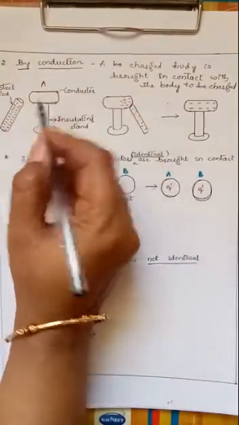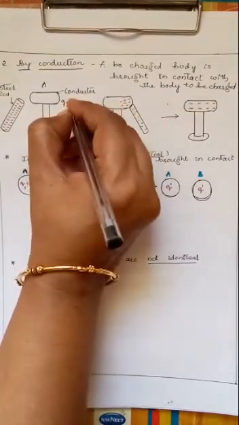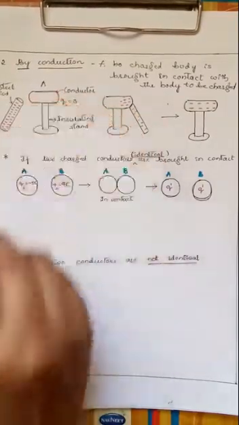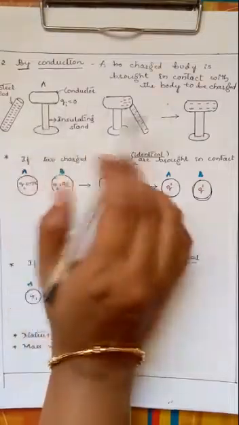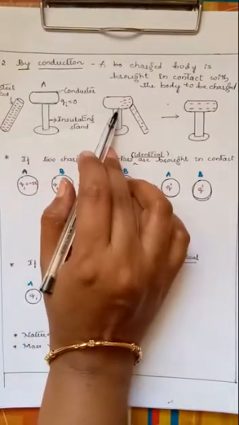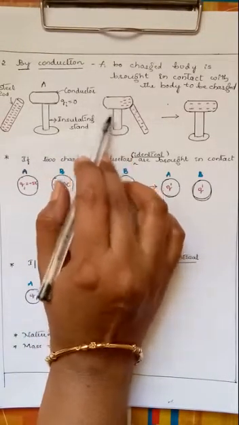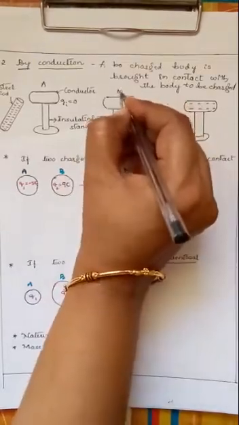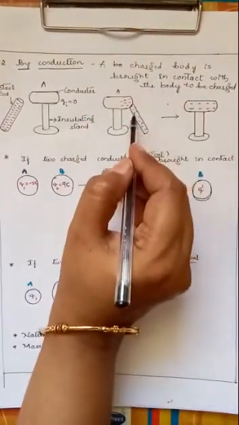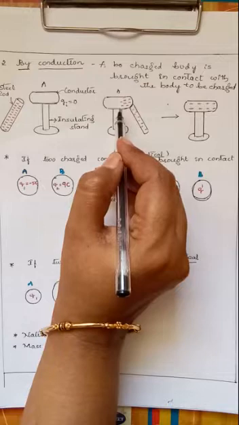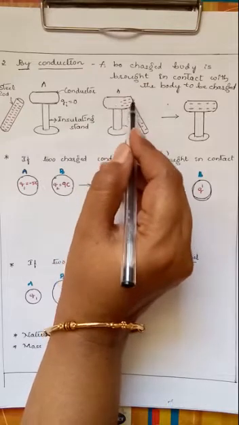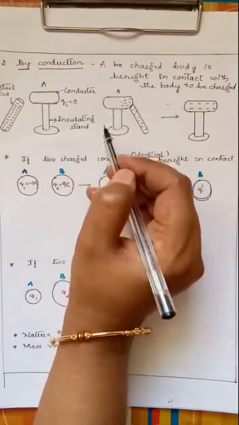Initially the charge on this is 0, it's neutral. Now if you bring this rod in contact with body A, we are going to see that the electrons will get transferred to body A, meaning it starts getting negatively charged.